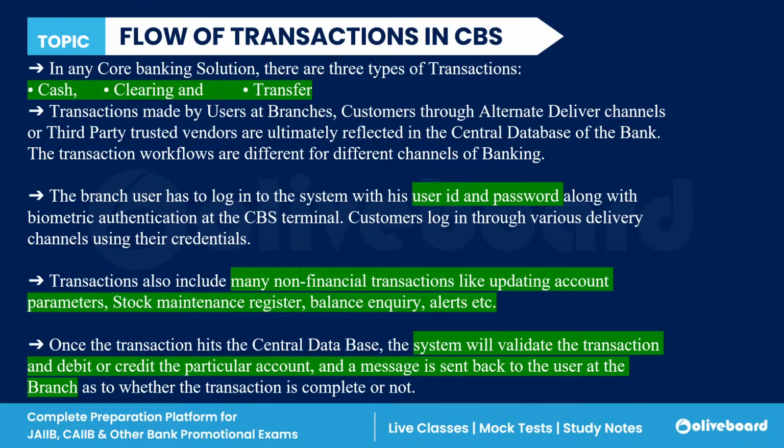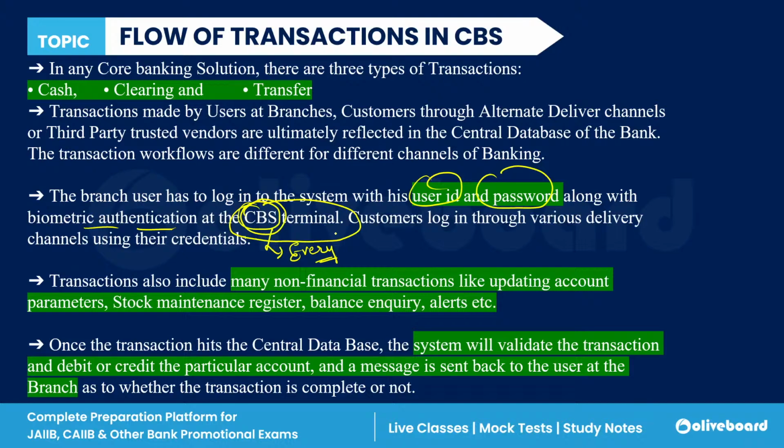The branches have to use the login system, with a user ID and password along with biometric authentication at the core banking solution terminal. Because every piece of data is digital gold, you can say. All the data in the core banking solution is in the central server.